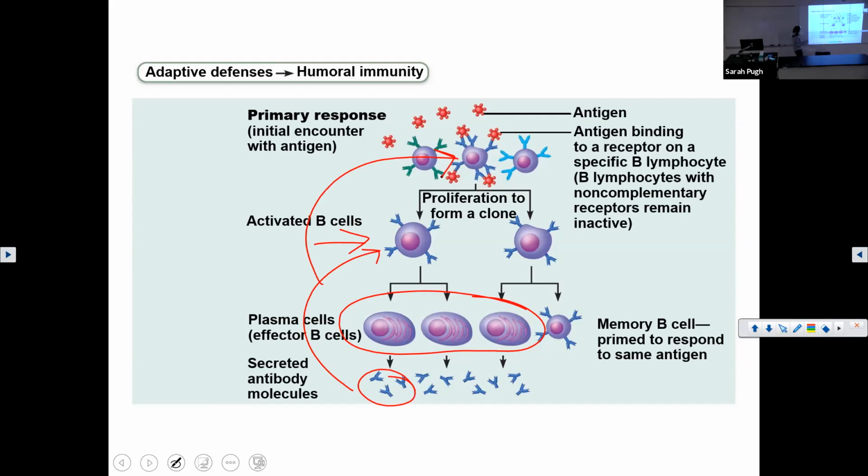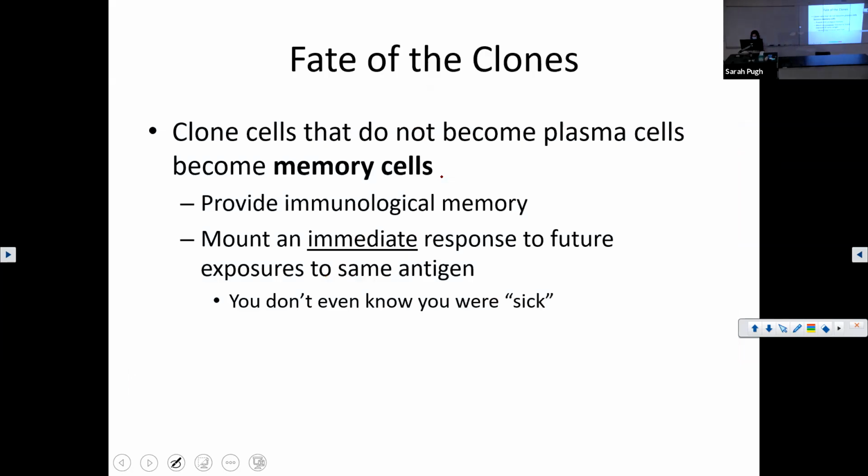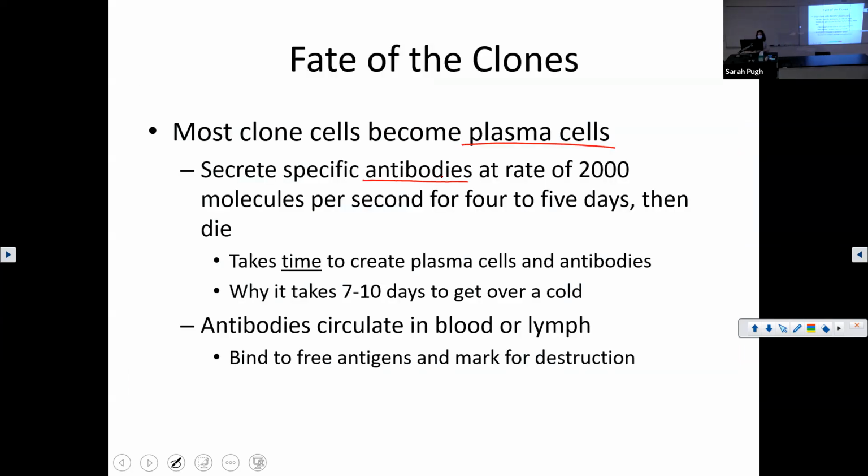That's basically what they are. These antibodies are proteins that have the same receptor, and they are going to latch on to that foreign free-floating antigen. That's their job. They're going to flag it for destruction. So these plasma cells are going to pump out antibodies at this huge rate of about 2,000 antibodies per second.